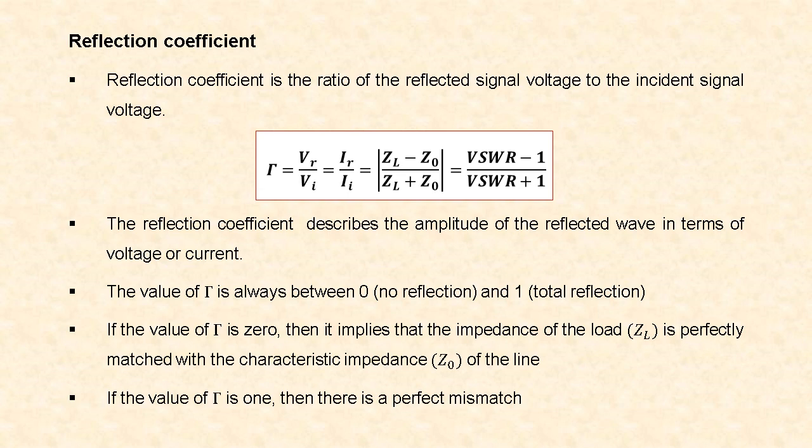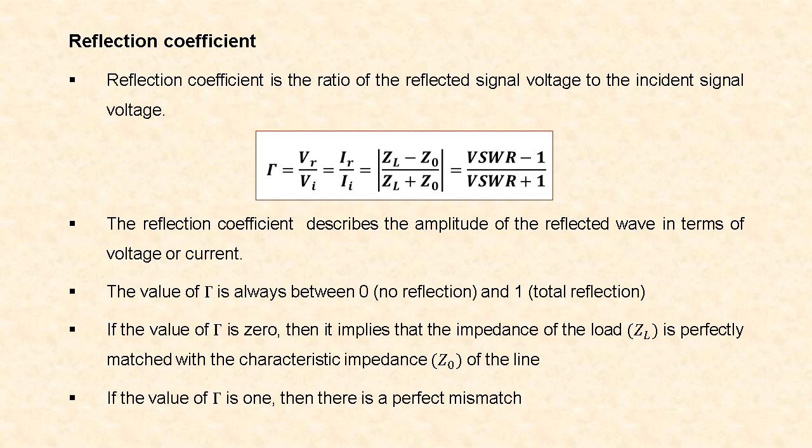This reflection coefficient describes the magnitude of the reflected wave in terms of voltage or current. Its value is always less than or equal to 1, that is between 0 and 1. 0 means no reflection. If its value is 1, it means total reflection.